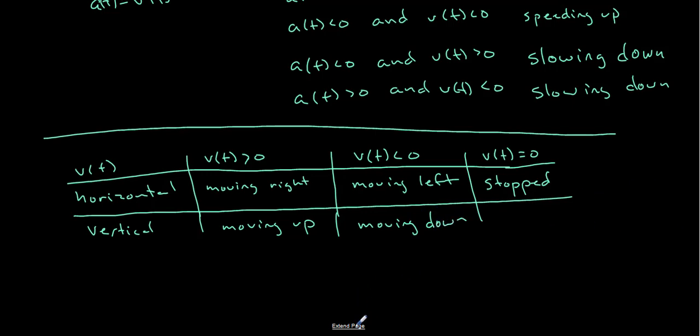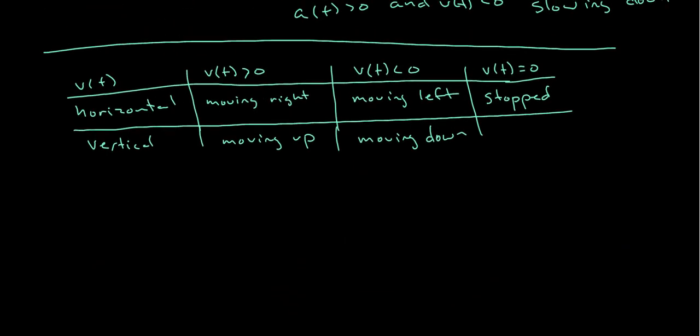And vertical motion, v of t equals 0. Stopped. Mr. Bodley, that rocket is not stopped at the peak of its flight before it comes down. It's still moving. It's actually stopped for one more moment in time, right? That one instant, it's stopped, and then you're going down. Acceleration.